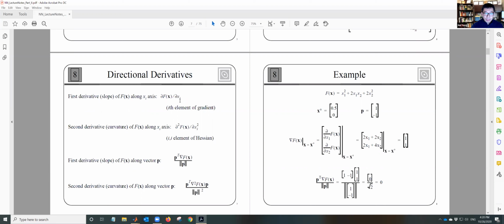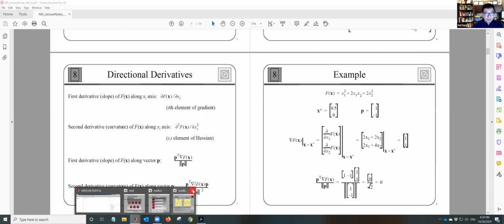If you give a particular vector p with a direction, you project onto the unit vector. Why do we divide by the magnitude of p? Because we don't want the magnitude of p to influence the projection. We want a unit vector projection. We want to project the derivatives onto a particular direction, but we want to make sure this is a unit vector. And for the second derivative, because you have p and p here, you need to divide by the square of the magnitude of p.